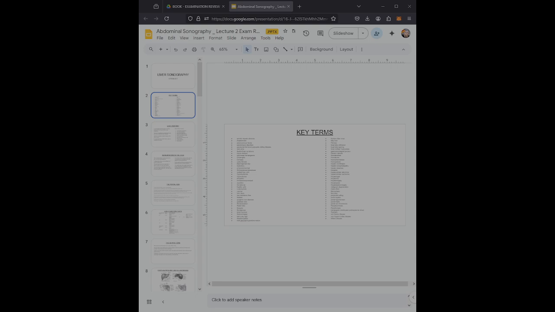Mass effect, this is a displacement or alteration of normal anatomy, and it is often located adjacent to a tumor. Monophasic, this is vascular flow yielding a single phase. Necrosis, this is death of tissue. Periportal cuffing is an increase in the echogenicity of the portal triads, as seen in hepatitis and other conditions.